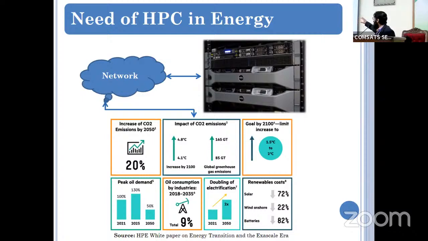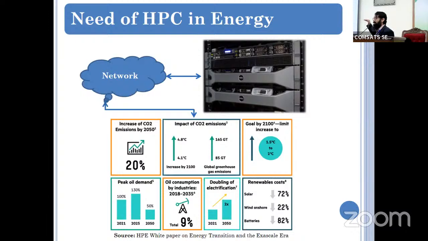They have predicted that carbon dioxide emission will increase 20% by 2050, the temperature will increase, and global greenhouse emission will increase from 85 gigatons to 165 gigatons. Now, what measures do we have to take? They have made some policies: in Paris they discussed that by 2100 we cannot even reverse this, but at least we should limit it to 1.5 degrees centigrade.